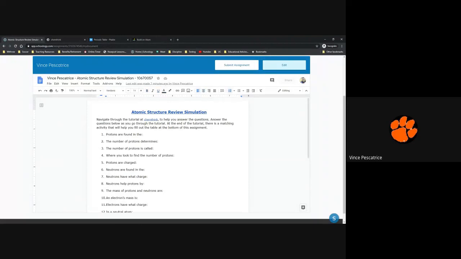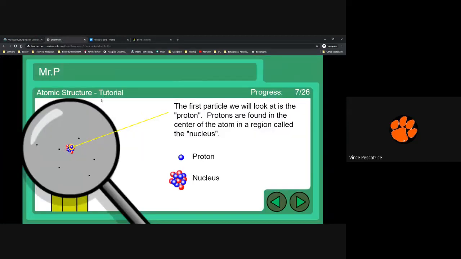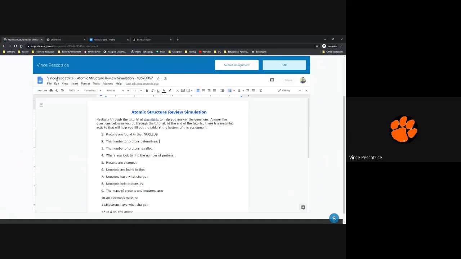That's the first question here. It says protons are found in the what? Nucleus. Type that in. So that's how this works. You go through on this website, you find the answer, you go back, you type it in.